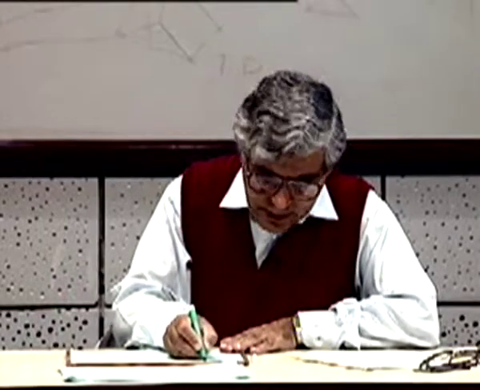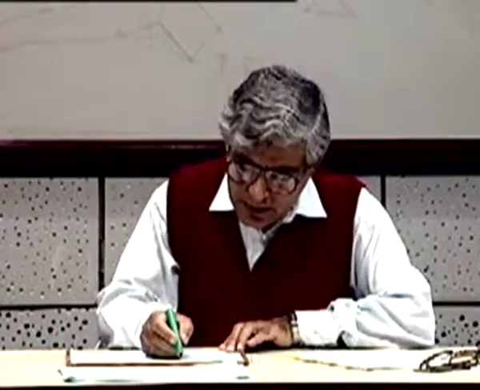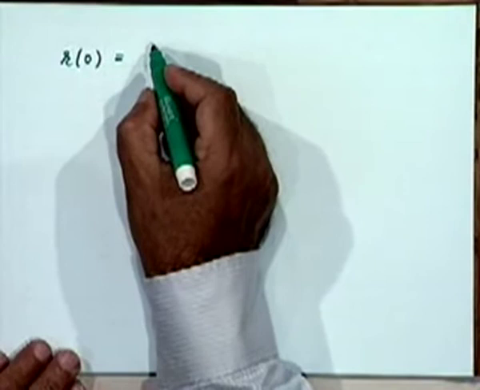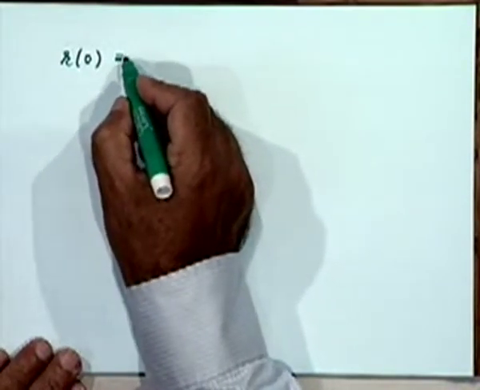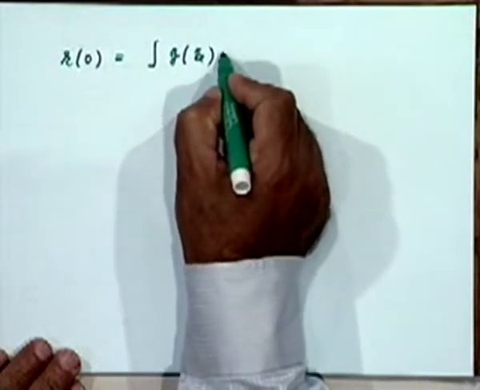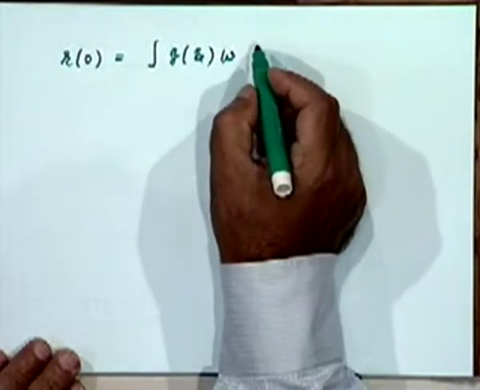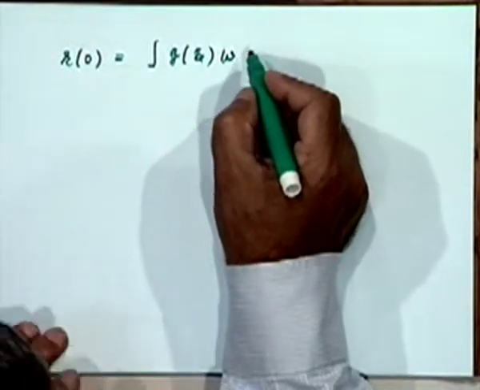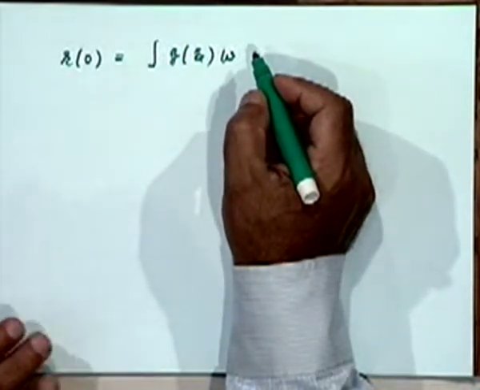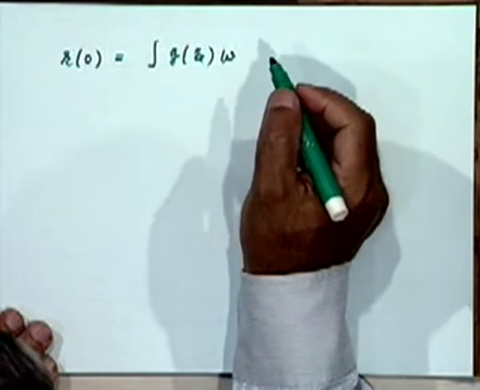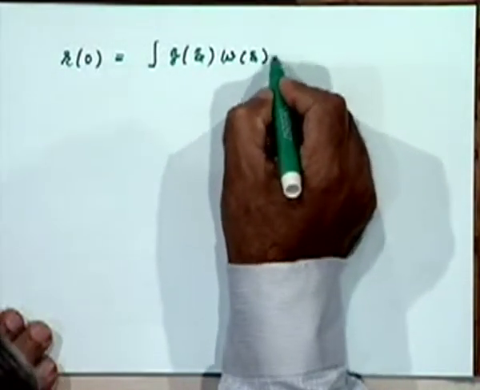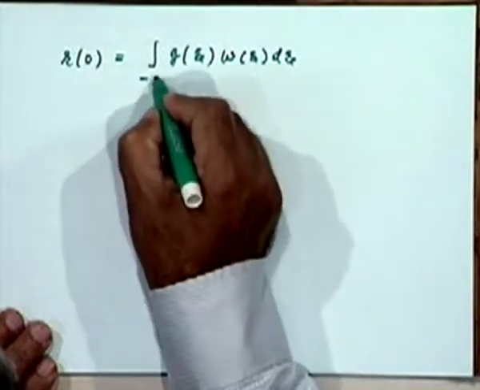Therefore, your R0, actually this is something I could have just told you intuitively, but let me just go through the whole thing, which is the integral of g(zeta) w(zeta) d zeta.